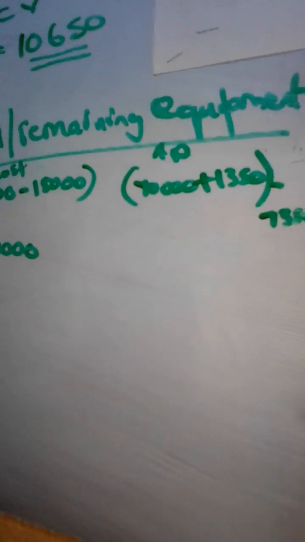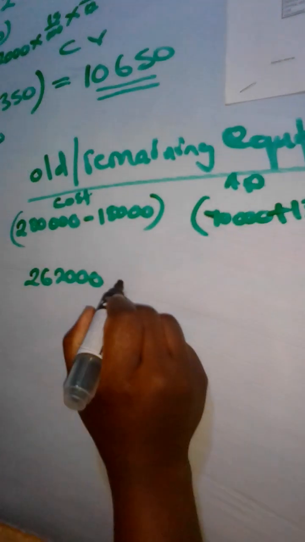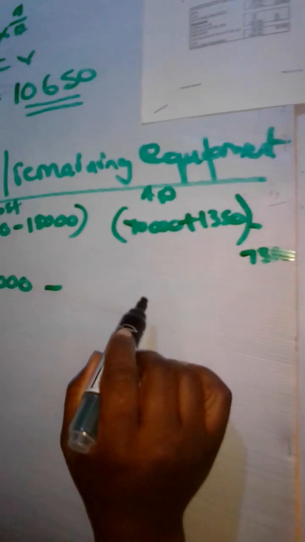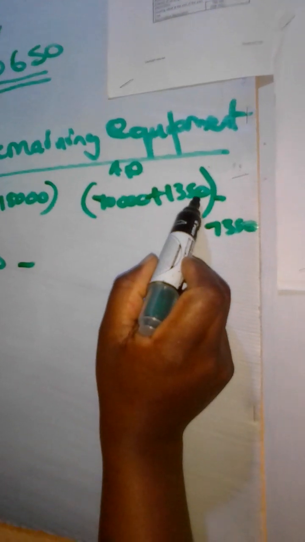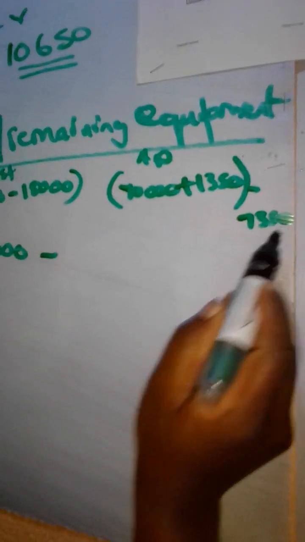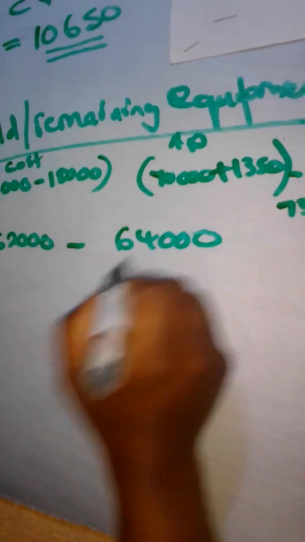262,000, okay? And then we say minus the accumulated depreciation. If we say 70,000 plus 1,350 minus 7,350, we'll get something like 64,000.